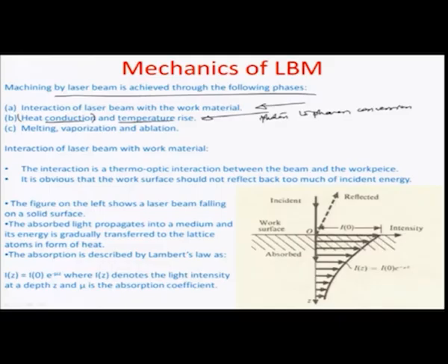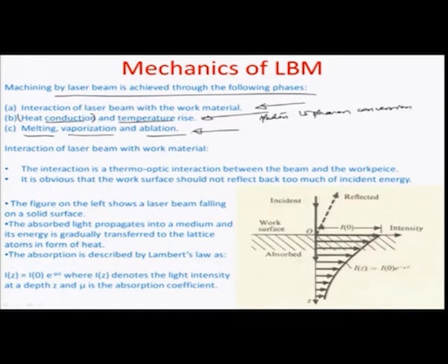And then of course there is melting, vaporization and ablation which takes place because of such an interaction of photon to the phonon, or the molecular vibration of the particular lattice with which the photon is interacting.